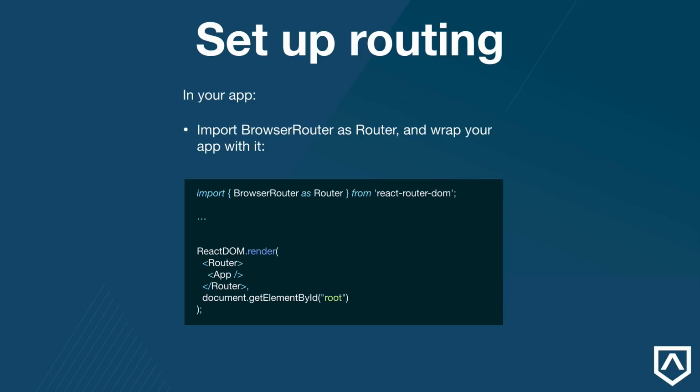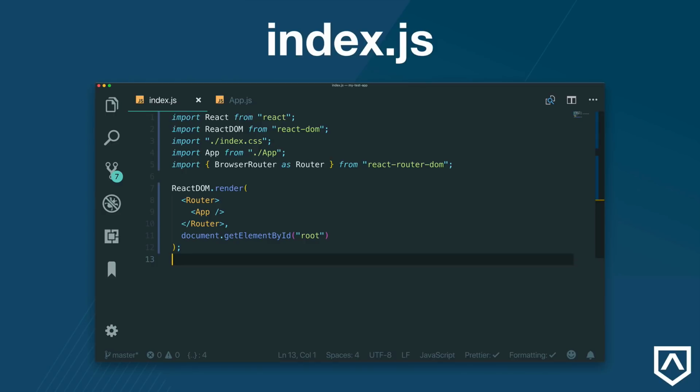And I'll show you why we do that in the next video. But for now, import BrowserRouter as Router from react-router-dom. Then inside the render call, we're going to wrap our app component with this new Router component. Here's a look at what your index.js file should probably look like.